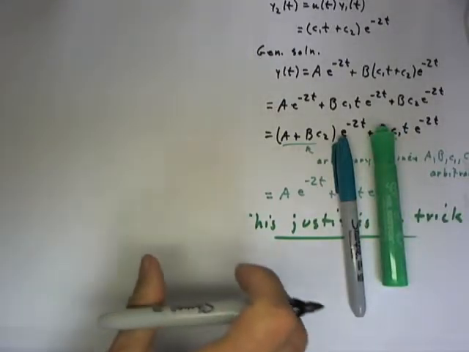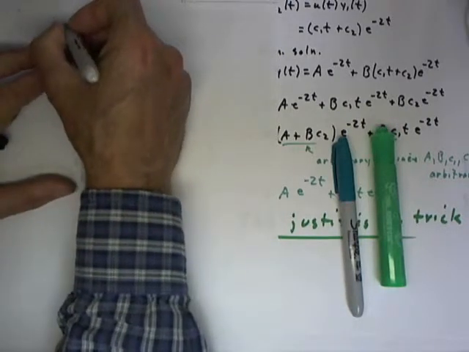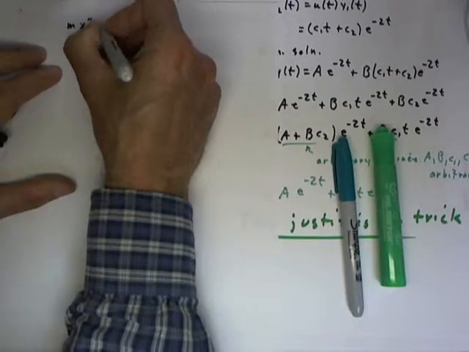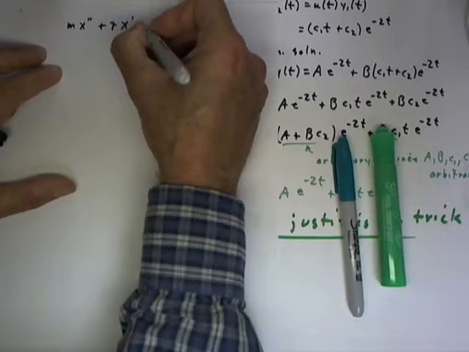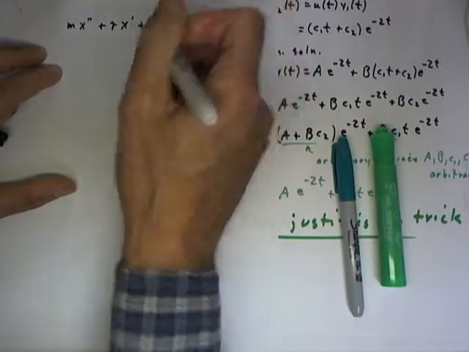Now let's return to the pendulum examples where we have an equation of the form mx'' + γx' + ky = 0.